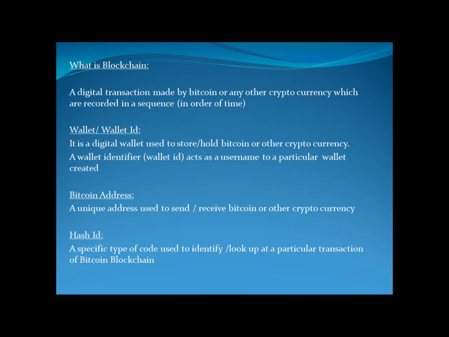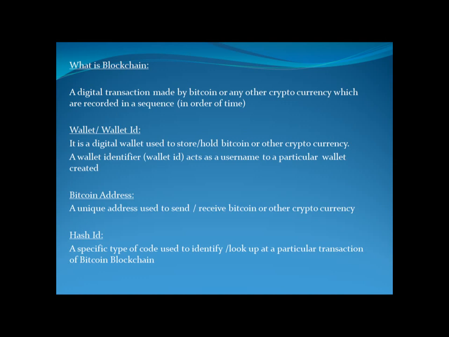Let's understand what you mean by hash ID, the very important one. Hash ID is a specific type of code used to identify or look up a particular transaction of the Bitcoin blockchain. It is nothing but a type of token. Whenever we go into a bank, we are given a token for our transaction, and we wait in the queue till the person in the bank calls us: token number two, token number three.